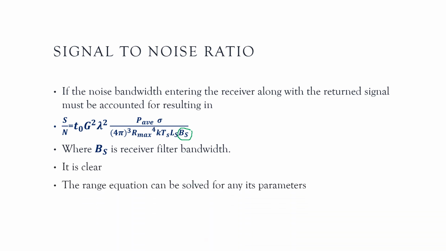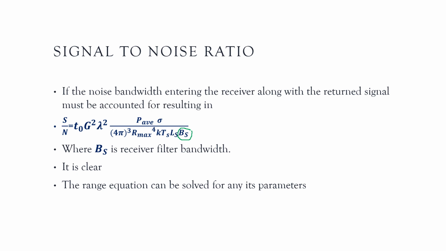So it is clear the range equation can be solved for any of its parameters. There are various equations, and with k, T_s, L_s, B_s in the denominator, all are reciprocal of R_max, so R_max can be changed or measured.